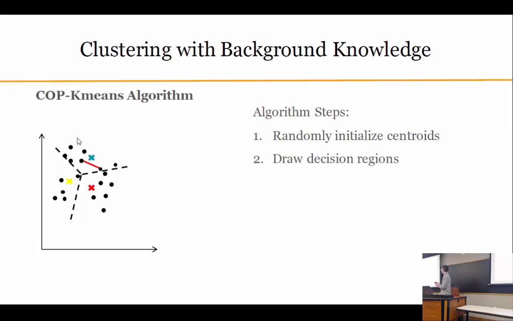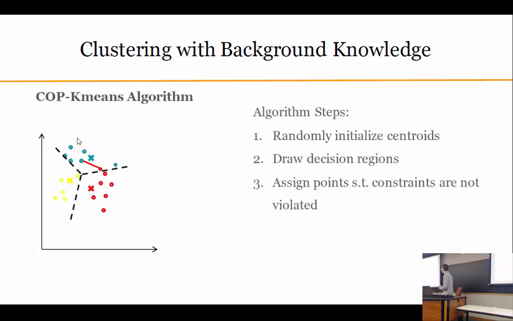So the next part of this clustering algorithm is actually drawing decision regions. For k-means, typically you're just assigning the points that are closest to the centroids to that cluster, and this will show where the constraints actually take place. So the next step is draw decision regions. The third is actually assigning points based on these decision regions.